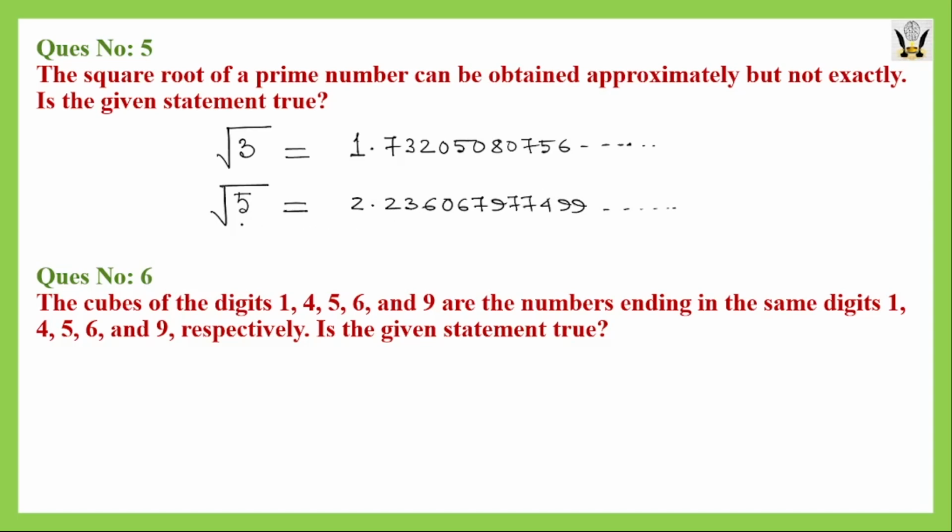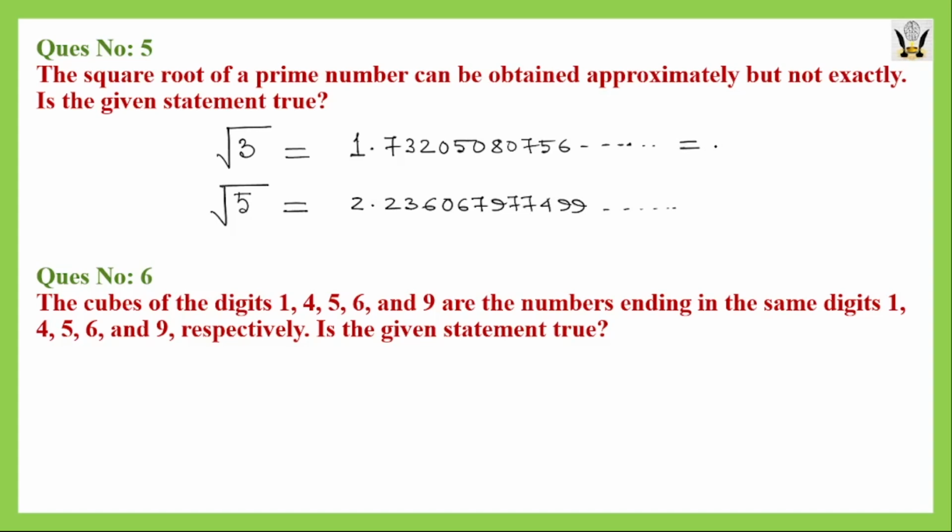Similarly, in case of 5, when we found the square root of 5, what we obtained here is 2.23606797749 and so on. So again, this is a non-terminating decimal. If both the decimal values are non-terminating decimals, then we have to approximate, otherwise we cannot write.